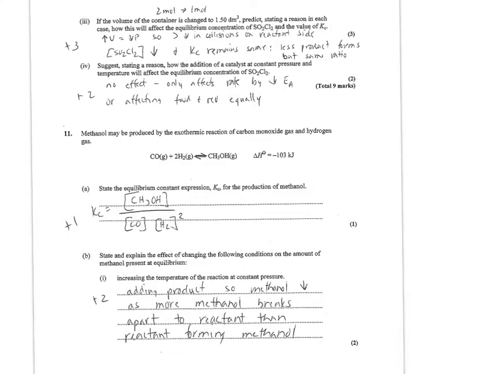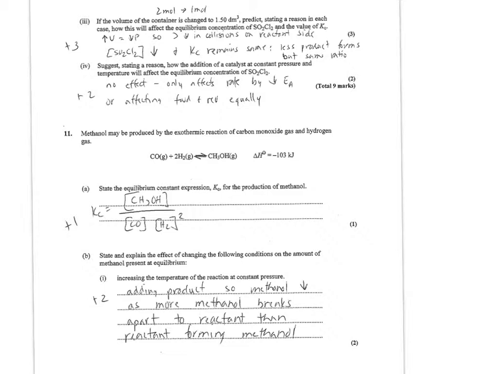Part 3 of this is the volume of the container changed to 1.5 decimeters cubed. Predict, stating a reason in each case, how this will affect your concentration of product and the value of Kc. Well, the volume has changed from 1 to 1.5, so that's an increase in volume, which means a decrease in pressure. And a change in pressure is always going to have a greater effect on the more crowded side.